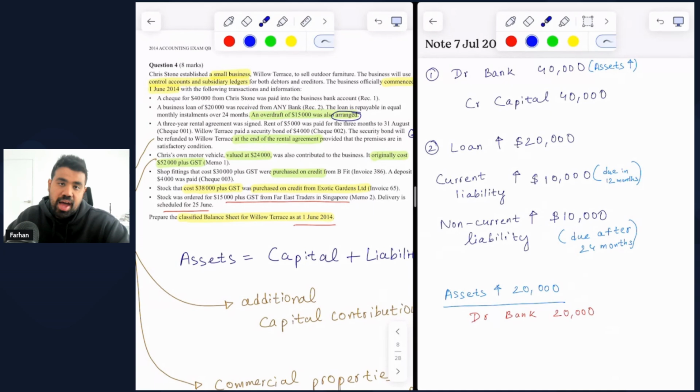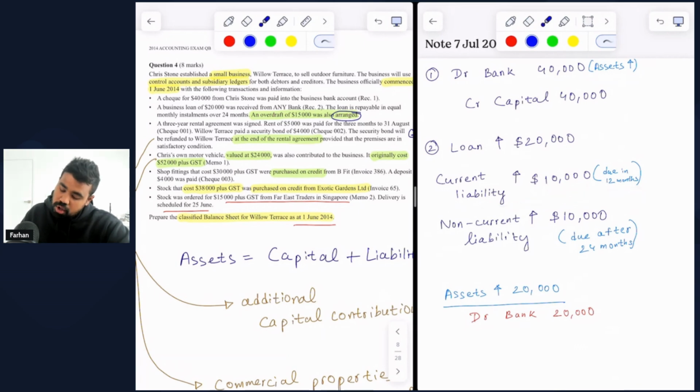Now, if we are today at 1st of June 2014, and we know within the next 12 months, we are going to be paying off 50% of the original loan of $20,000, whatever our obligation is in the next 12 months will fit the definition of a current liability. And that is why the current liability portion for the loan that we have taken is $10,000, which is due in 12 months.